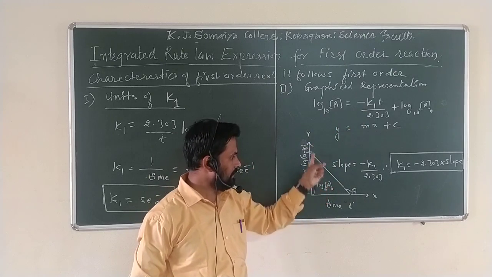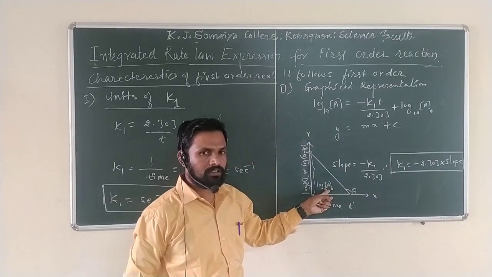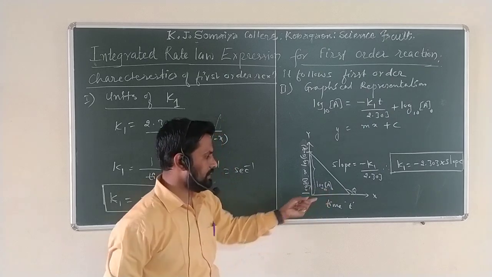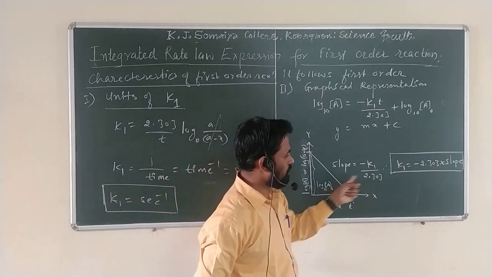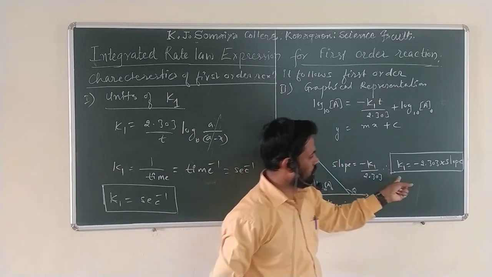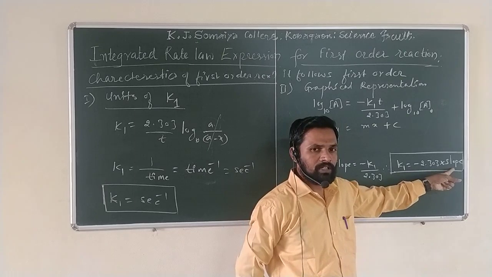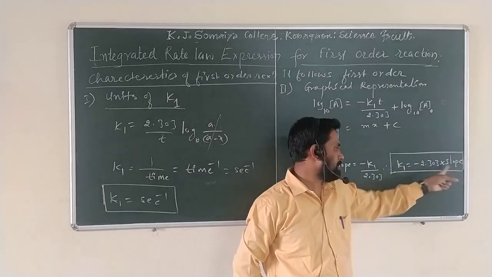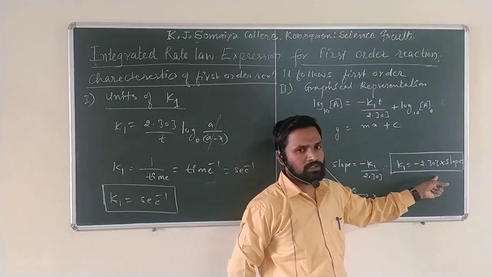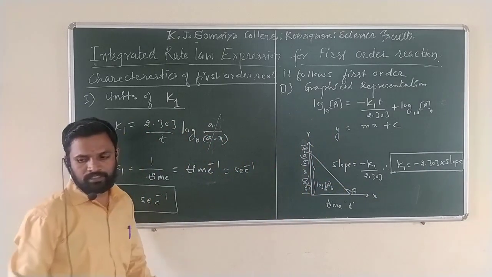The y-intercept is log A0, the initial concentration. Slope equals minus K1 upon 2.303. From the slope we can calculate K1. K1 equals minus 2.303 into slope. Once you know the slope, multiply it by minus 2.303 and you will get the rate constant of the first order reaction.